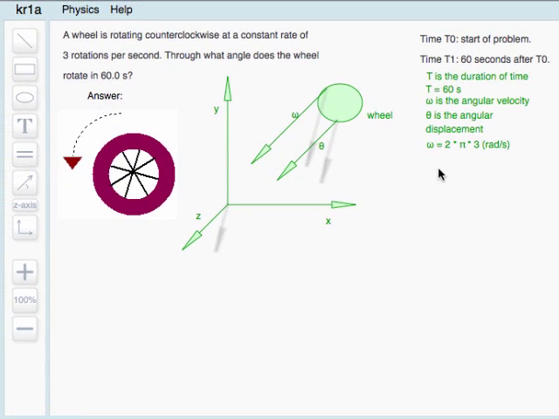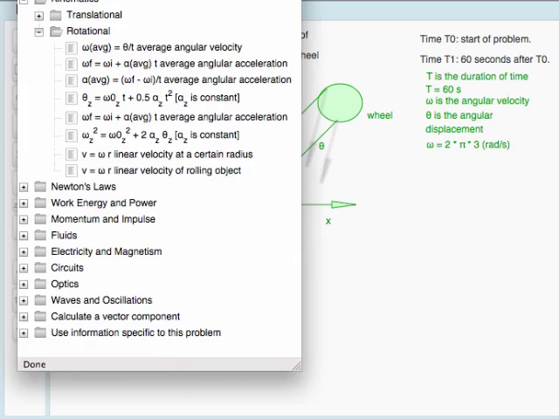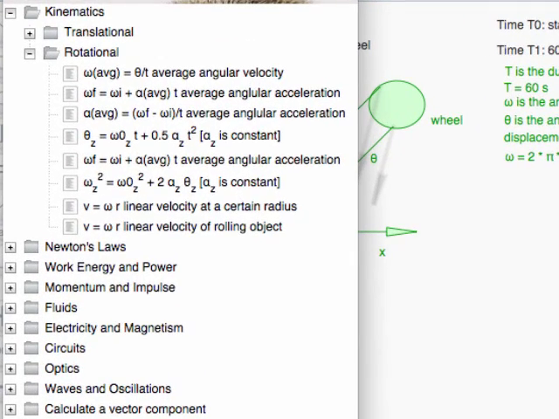So now we've used all of the information we've been given in the problem. We've drawn everything out, and we need to start using principles to solve it. So I'm going to come up into physics, choose a principle, and I'm going to look for something that has theta, omega, and time. So if I go into kinematics, then I can select rotational, and then here right at the top is the principle that I'm looking for.